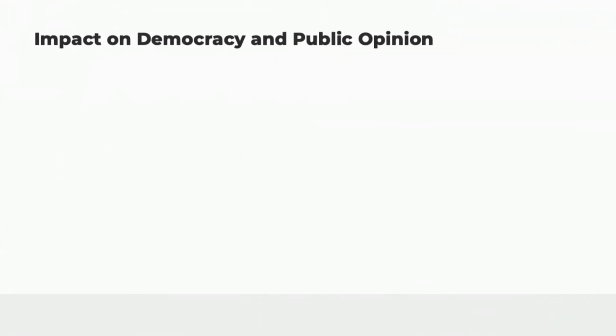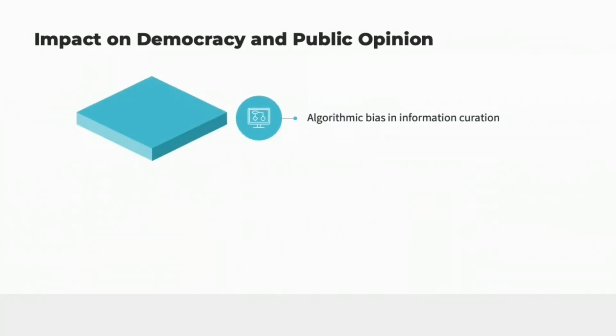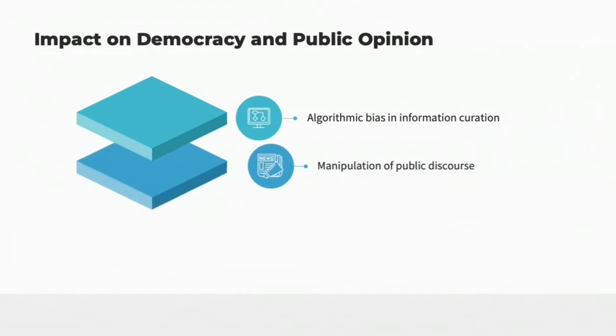And the impact on democracy and public opinion. AI algorithms curate news feeds and search results based on user behavior, potentially creating echo chambers that reinforce existing beliefs. This selective exposure can polarize public opinion and reduce exposure to diverse perspectives. The use of AI in spreading misinformation and shaping narratives raises concerns about its impact on democratic discourse.